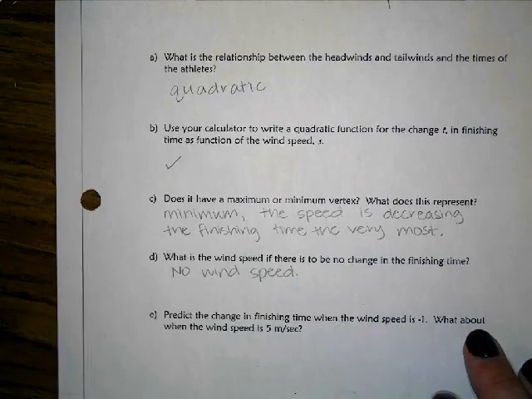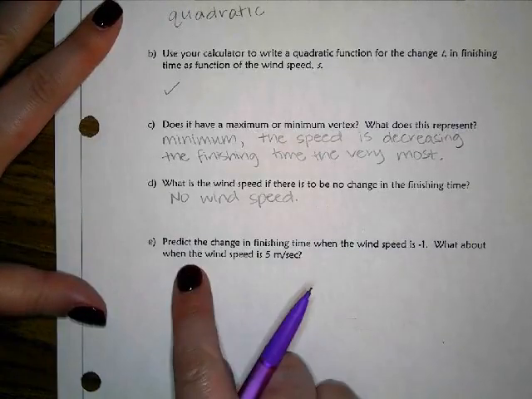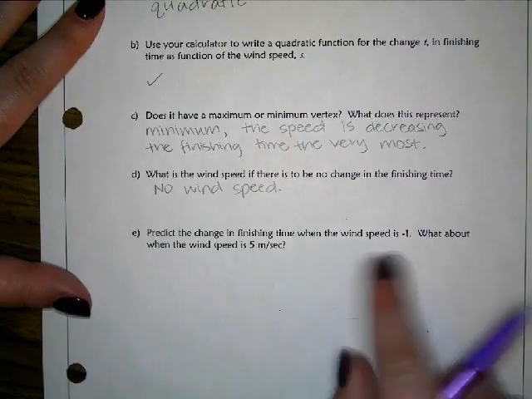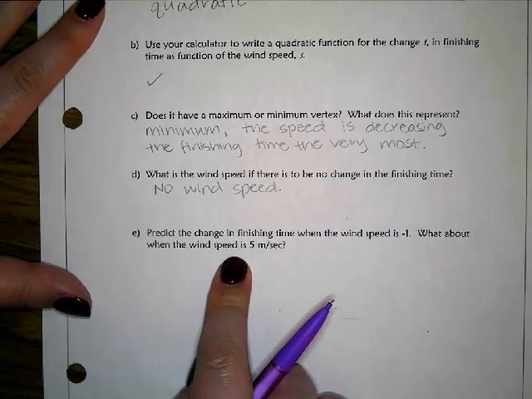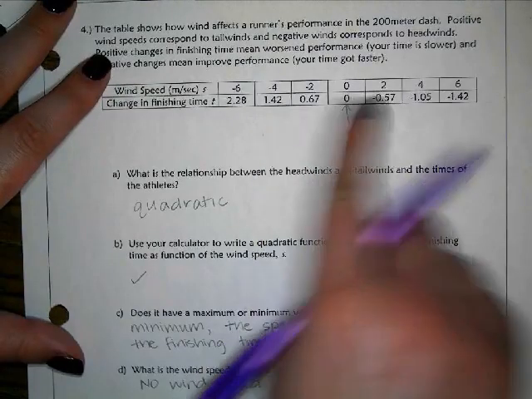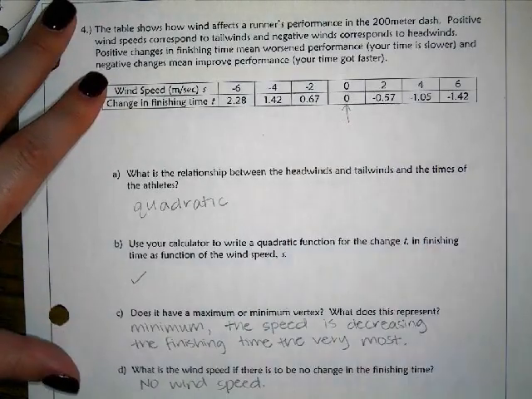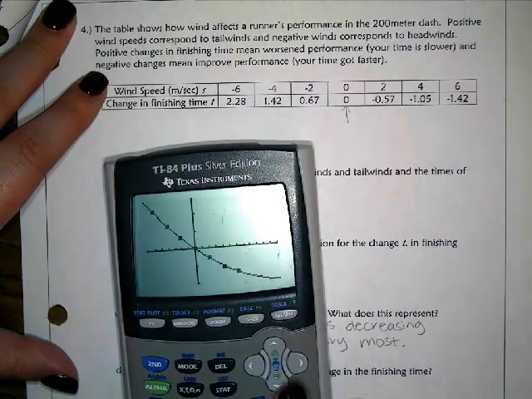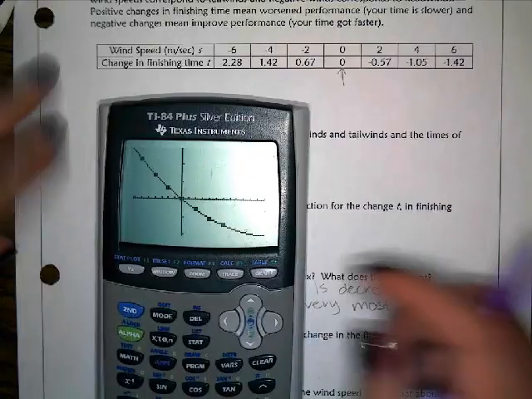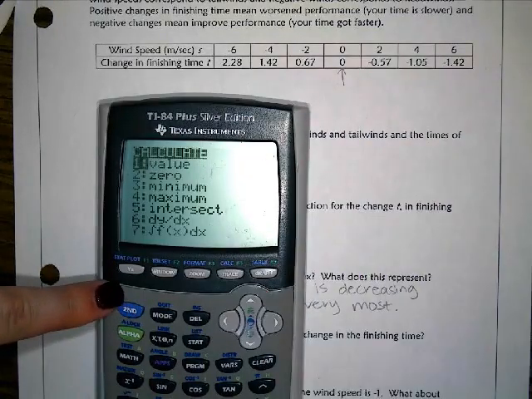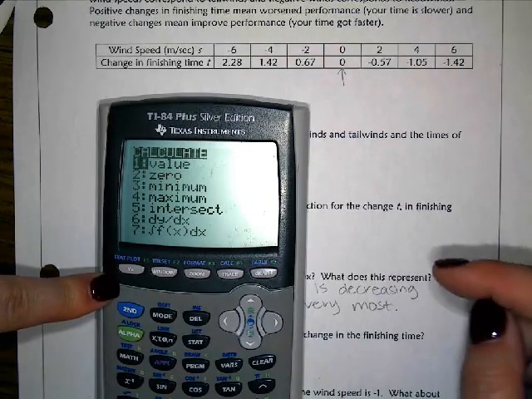Okay. The next one says, predict the change in your finishing time if your wind speed is -1. What about if your wind speed is 5? So -1 and 5 are both not on this table, but they are going to be on the table on our calculator. So you have two ways of checking those numbers. You can do second calculate, and you can plug in -1 and 5 using the first option.